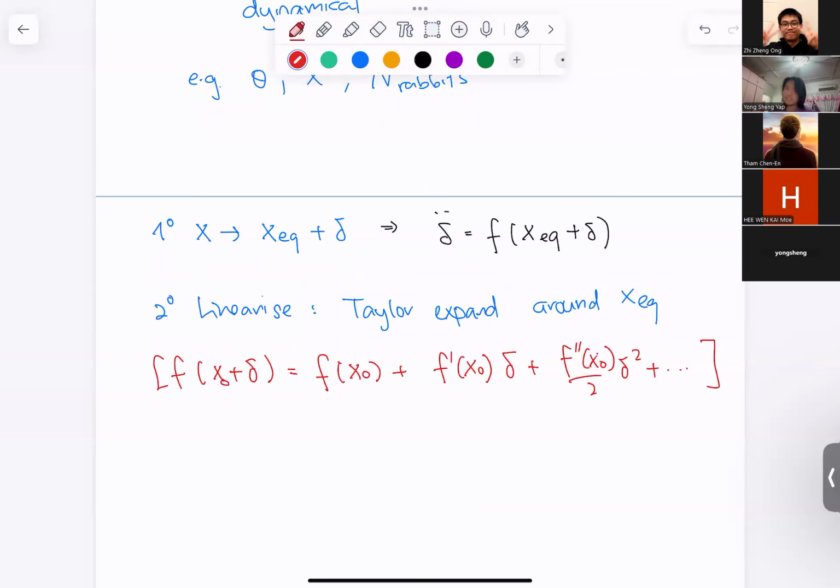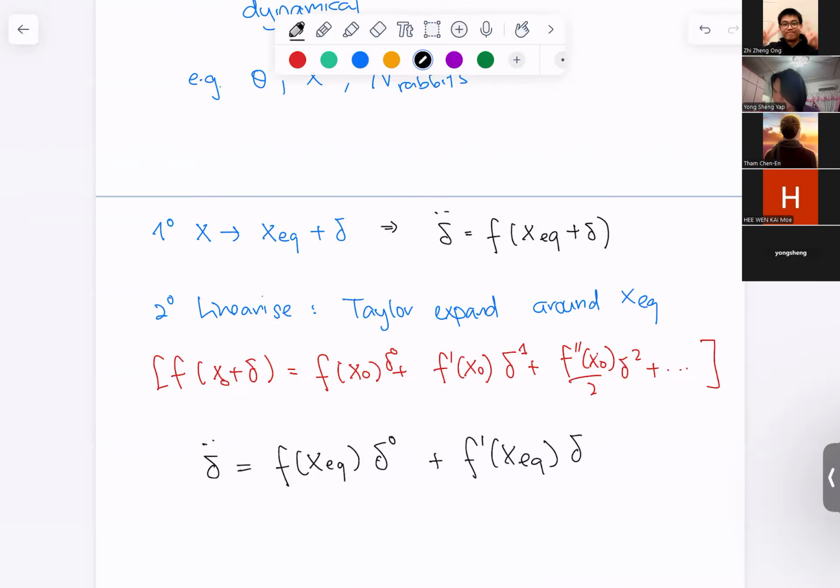Because I linearize, I only keep up to delta to the first power. Again, this is delta to the 0 power, this is delta to the 1 power. So basically I always have delta double dot equal to f of x eq delta to the 0, plus f prime of x eq delta.